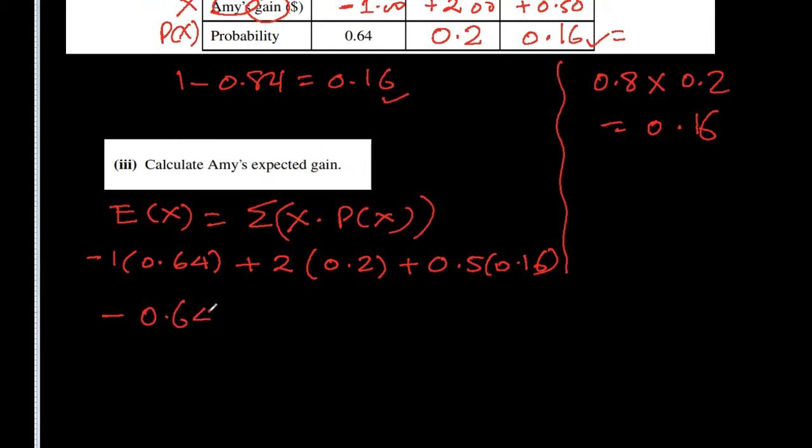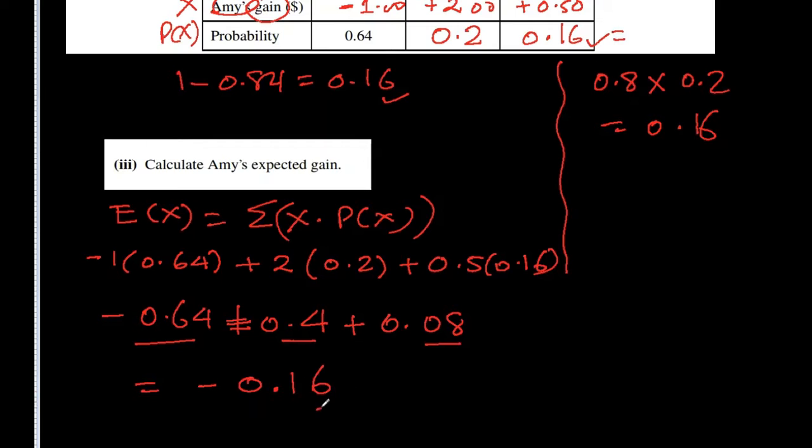Minus 0.64 plus 0.4 plus 0.08, and it will be 0.48 and 0.64. She will have a loss of 0.16 dollars. It is expected that she will have a loss of 16 cents.